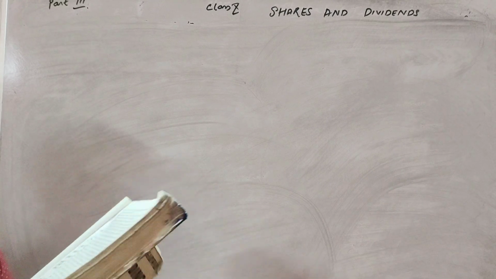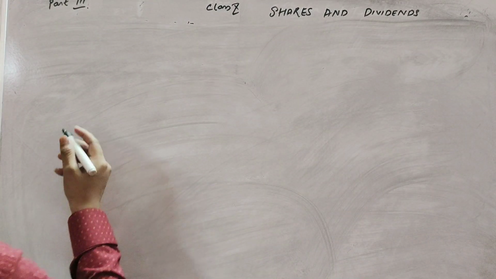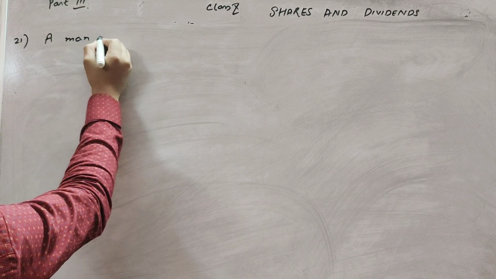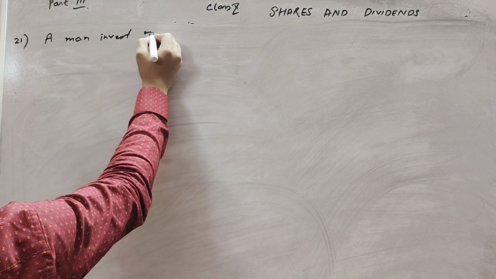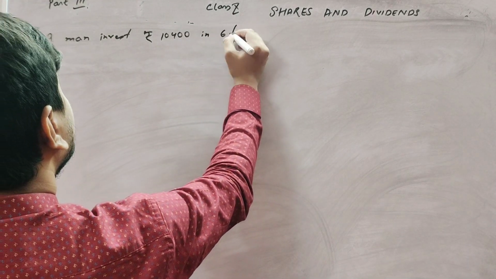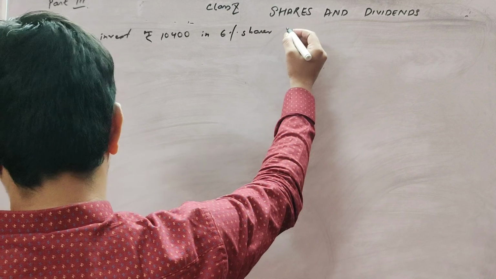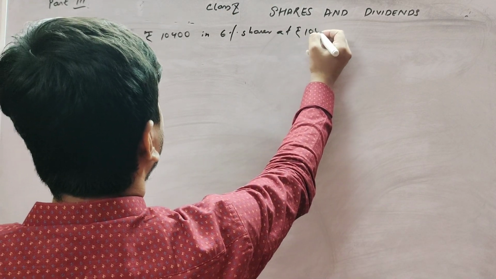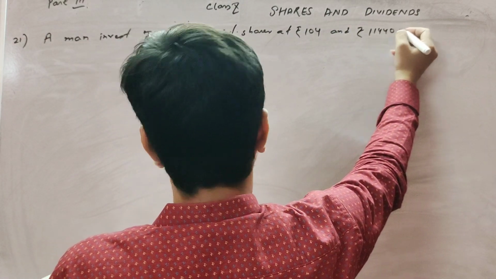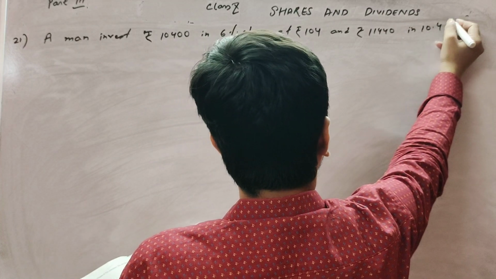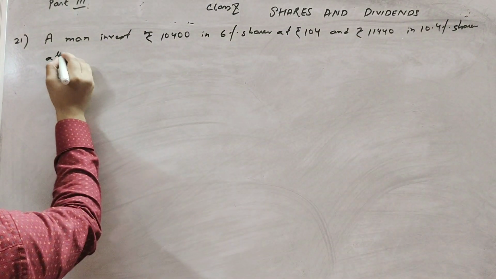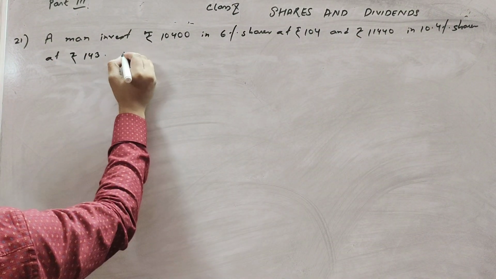Now it's time for the new question. Question number 21. A man invests rupees 10,400 in 6% shares at rupees 104 and rupees 11,440 in 10.4% shares at rupees 143.